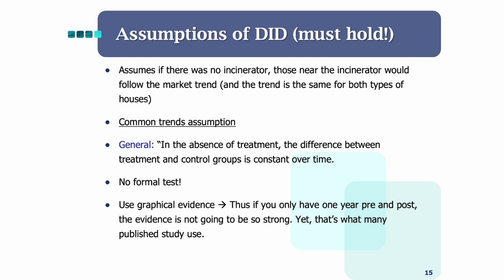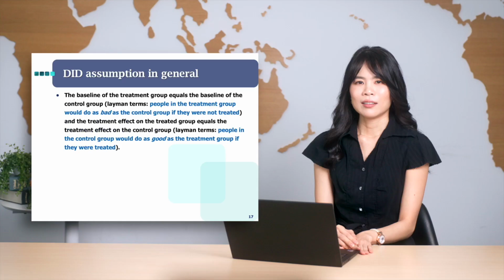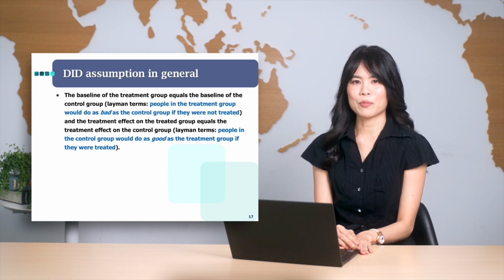Note that we can do this subtraction to get the final incinerator effect because we assume the time trend is the same for both houses near and far from the incinerator. To put it in other words, we assume if there was no incinerator, those near the incinerator would follow the market trend, and the trend is the same for both types of houses. So let's reiterate this assumption again.